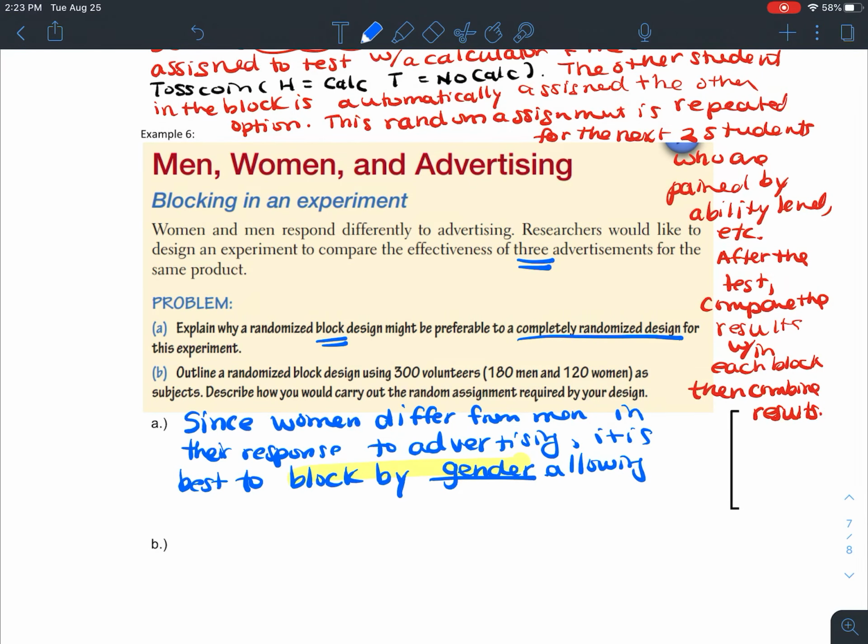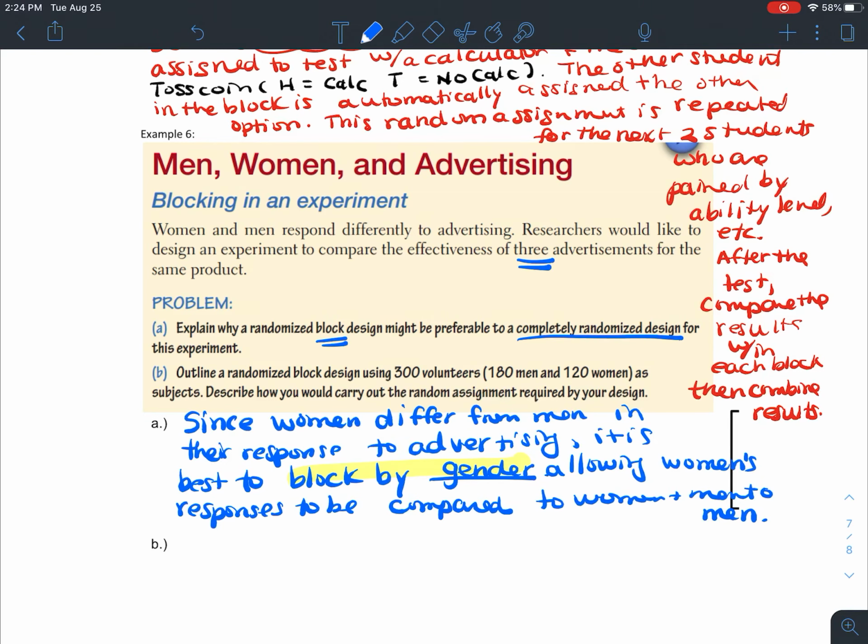We would want to block by gender. Okay, we would want to block by gender. This is going to allow women's responses to be compared to women and men to men.